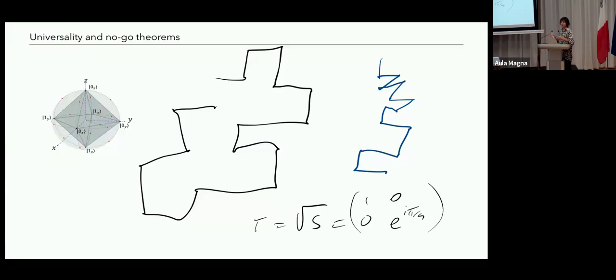So if we want to run algorithms on our computer, it's enough for us to find a way to implement all Clifford plus T operations in a fault-tolerant way on an encoded system. And we know that we can implement arbitrary algorithms on that.